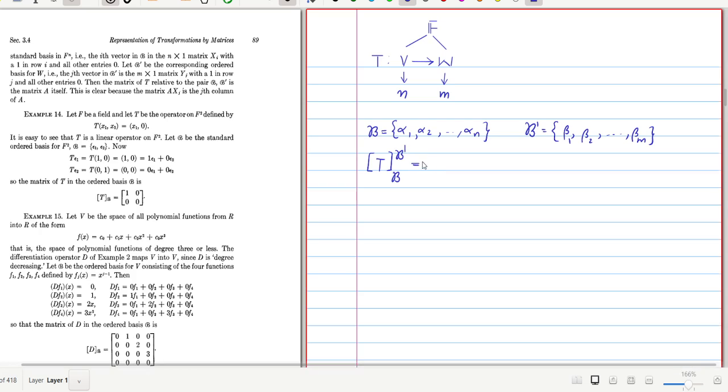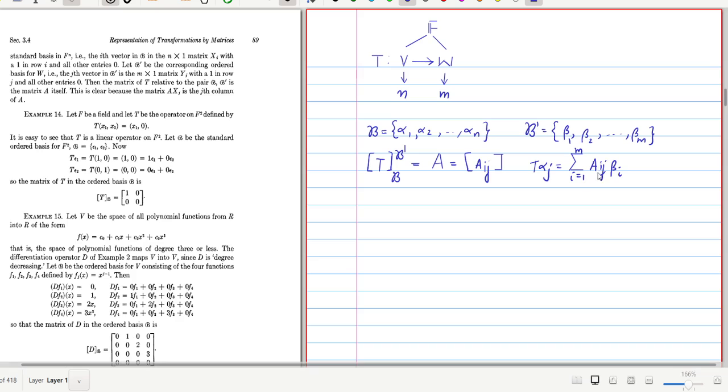notation for that matrix. I'll write that matrix as A, consisting of the entries Aij, and this Aij is defined using this equation: T alpha j is equal to summation i equal to 1 to m Aij beta i.